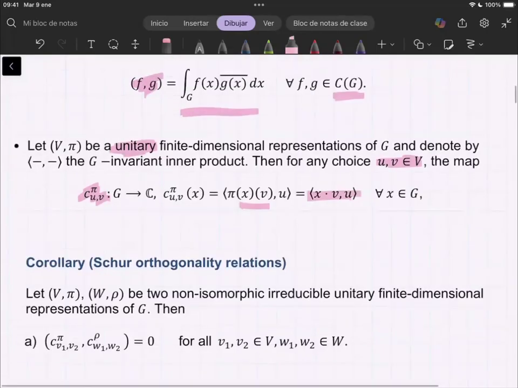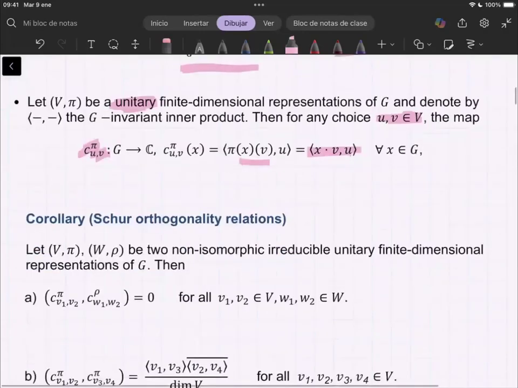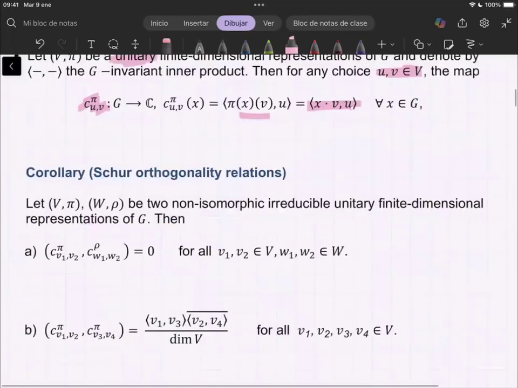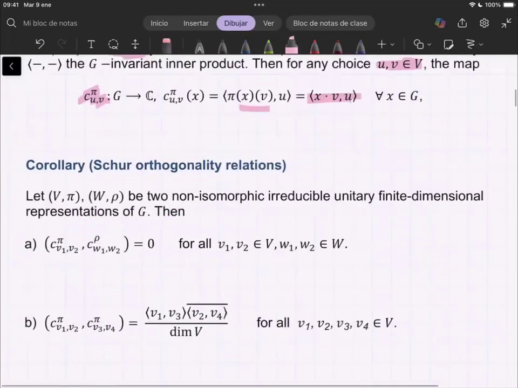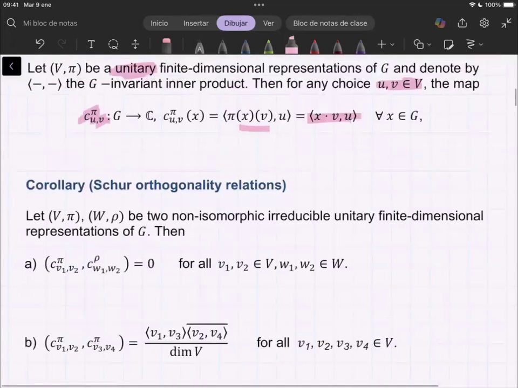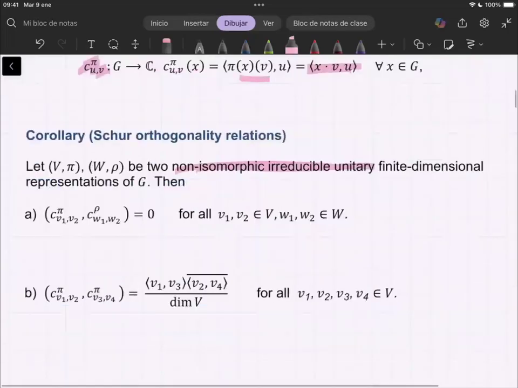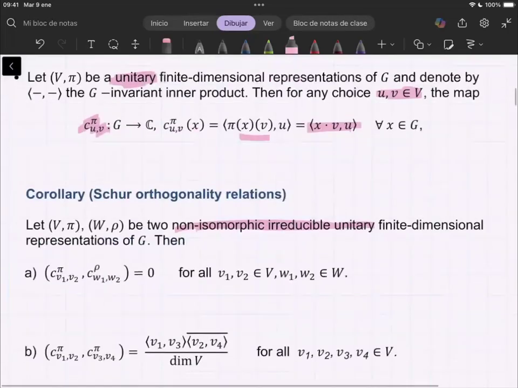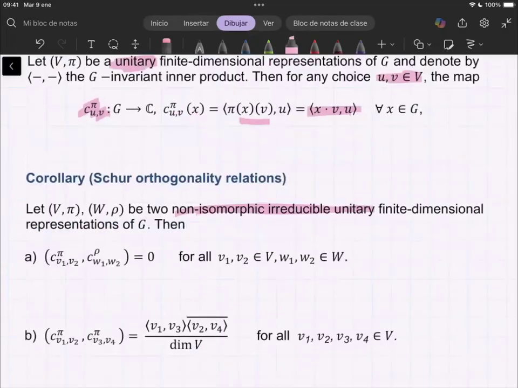Now, with all that we know about representations, we are going to show the following. If we take two non-isomorphic irreducible representations, then the matrix coefficients that we defined above are orthogonal to each other.